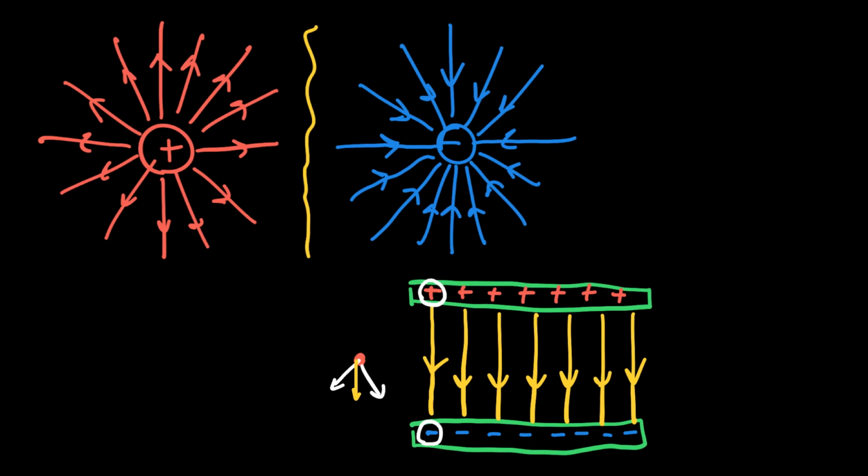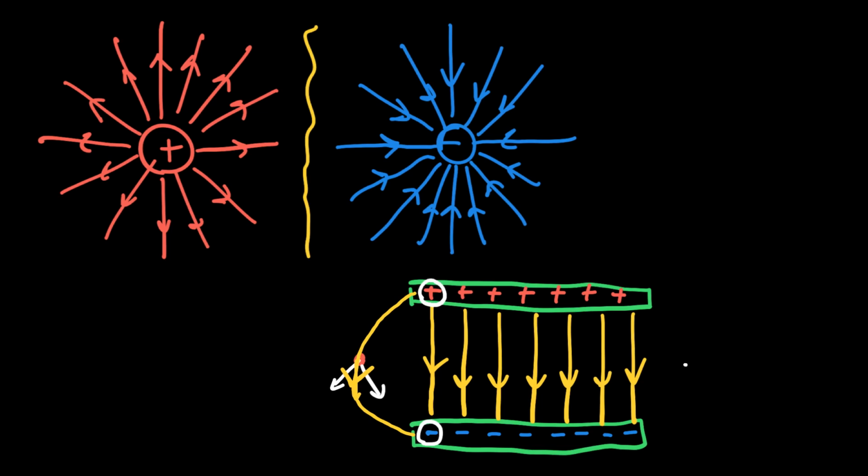And if we place charges in between those two, we would find that the electric field would point something like this. And so while the electric field is uniform between the two plates, on the outside we still get curved electric field lines which start at one plate and end at the other plate.